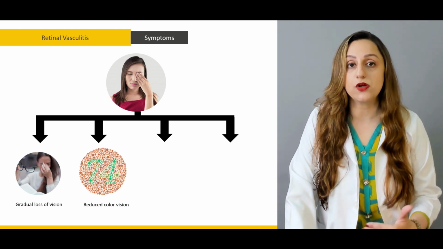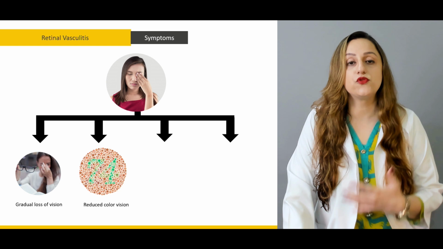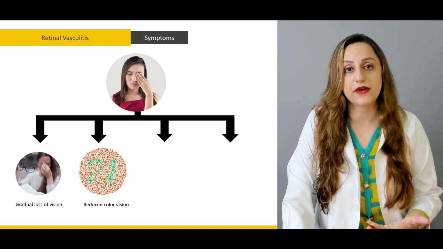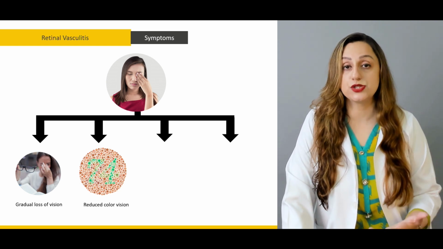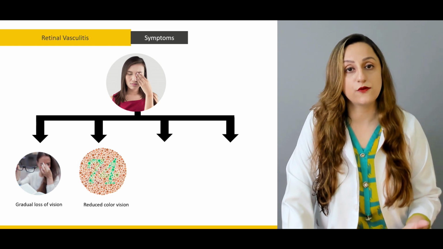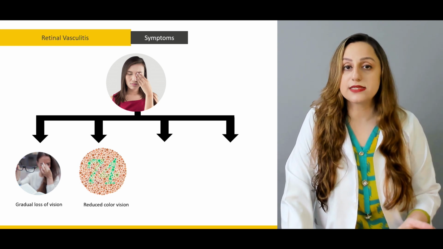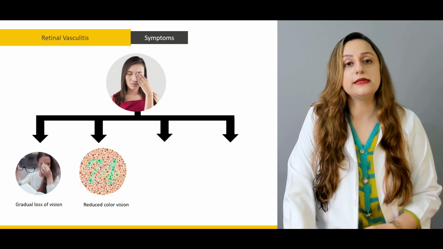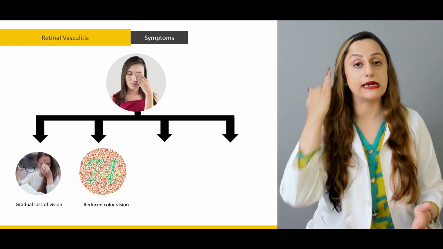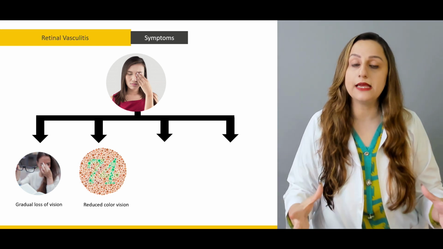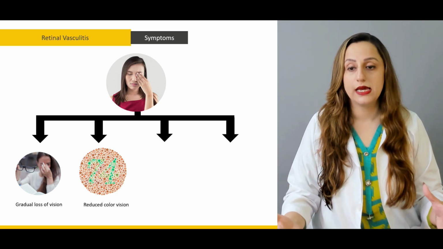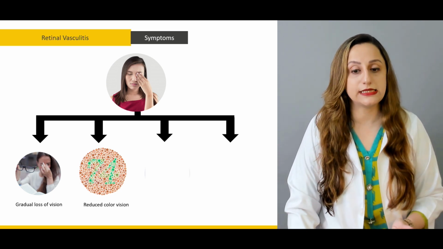Why does this happen? Obviously, the rods and cones are being affected, the neurosensory pigmentary layer is being affected, and the vascularization that promotes blood flow towards this pigmentary layer is being affected. So obviously, color vision is going to be affected in these individuals.